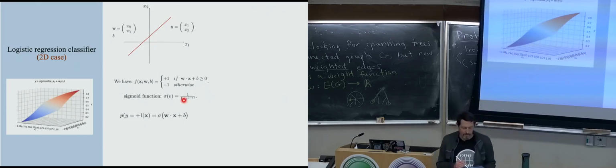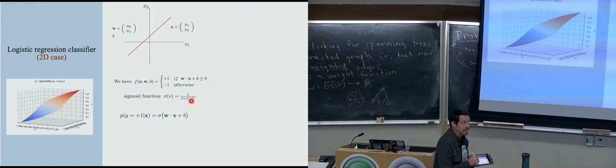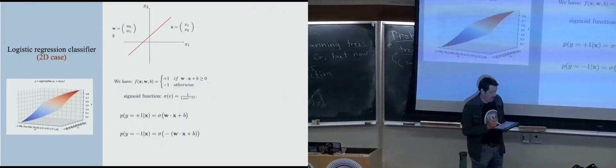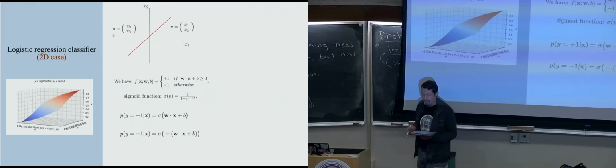It's just the same logistic function operating with vectors instead of single variables. And we have our negative version of the same thing, just a sign flip away, the probability of negative class.